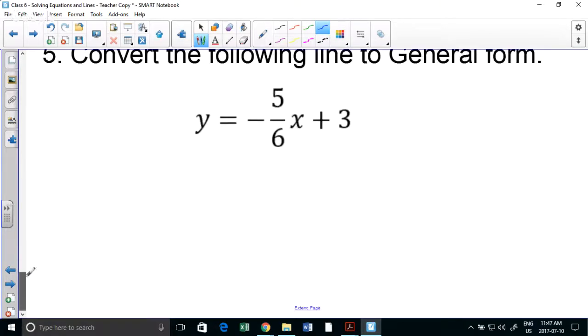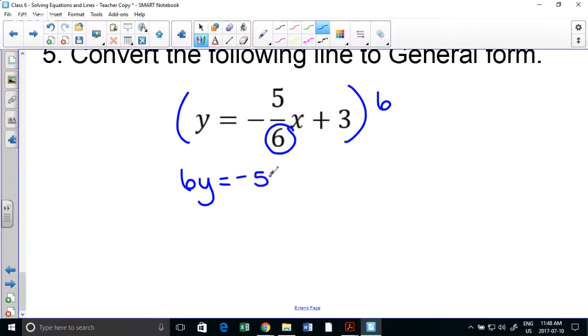If you jump down to number 5, it's the same situation. So the first thing that you're doing is you're getting rid of the denominator. So you're multiplying the whole equation by whatever this number is. It's 6. So 6 multiplies y. 6 cancels with this 6, and it just leaves me with negative 5x. And this 3 multiplies with this 6 to give me 18.